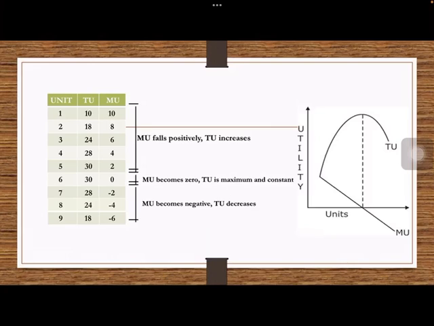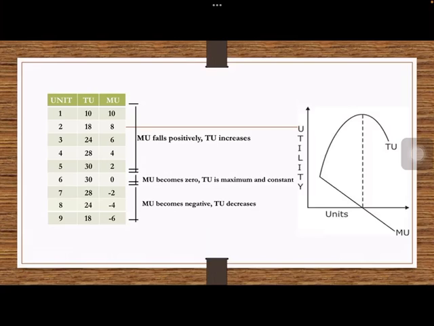So this is the relationship between TU and MU. And this relationship you can also see in the diagram. In the initial stage, TU is rising. Then it becomes maximum. Then it is declining. There are 3 stages here. When TU is rising, MU is declining, but it is positive. When TU is highest, maximum, MU is 0.